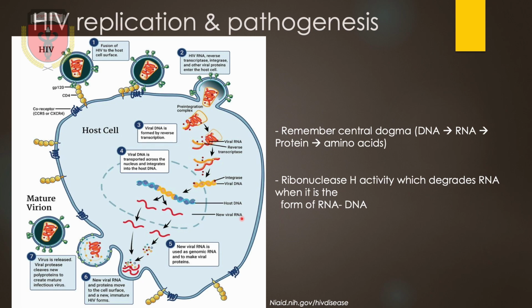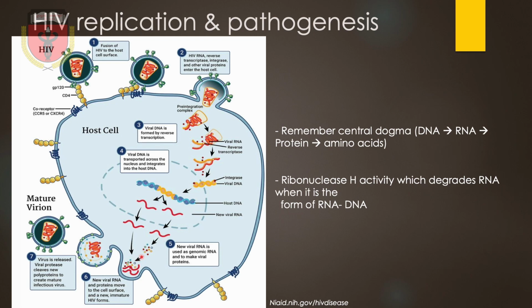They will have single-stranded nucleic acid versus double-stranded DNA. But if there is RNA and DNA like this, it becomes three strands. If there are three strands inside the virally infected host cell, then ribonuclease H will degrade the RNA, which means this RNA is an extra piece inside the host cell.